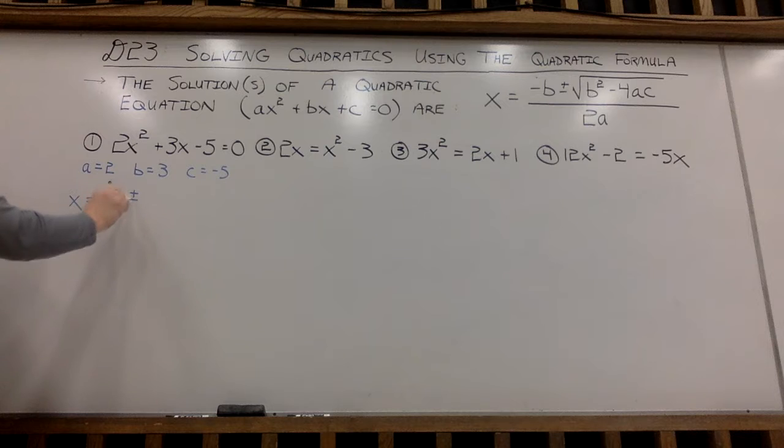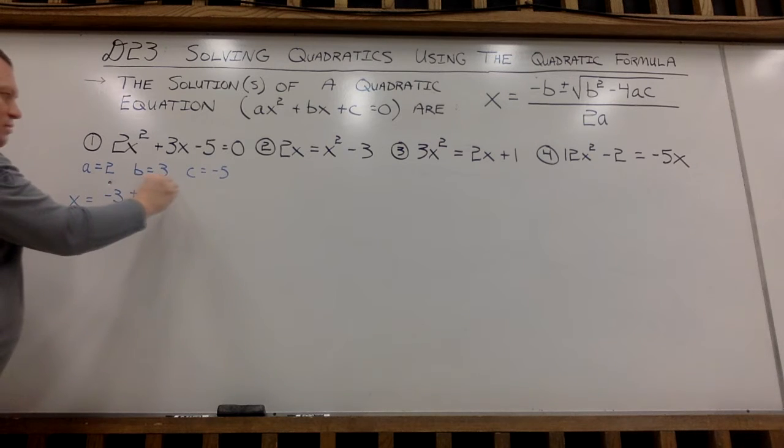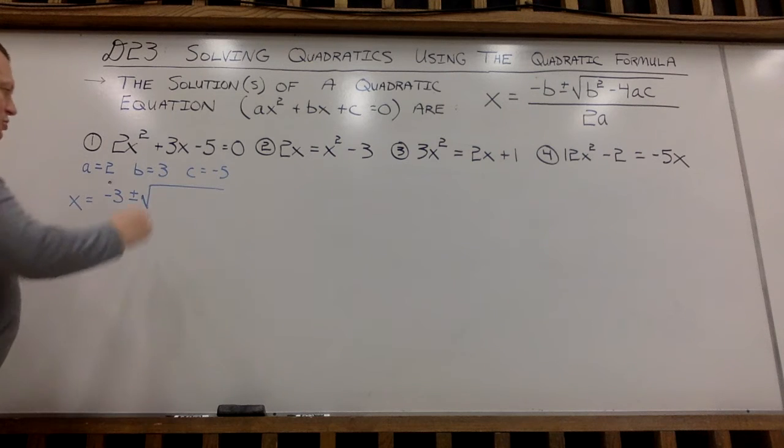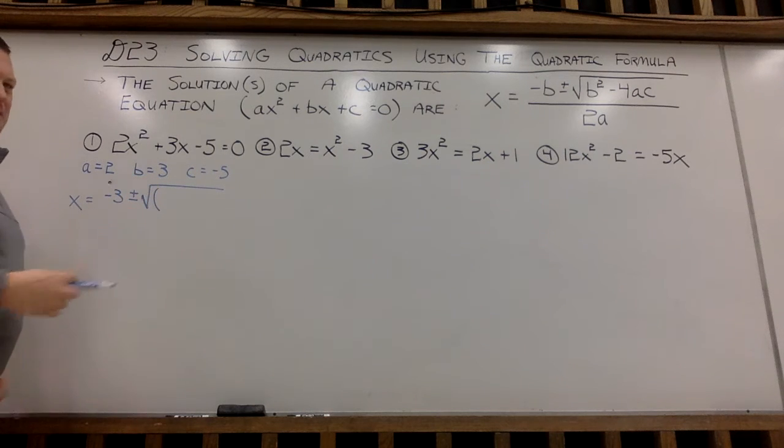So negative 3 plus or minus the square root. I always find it beneficial to put all of my input values in parentheses. That helps me with minus signs and making sure I get everything calculated out properly.